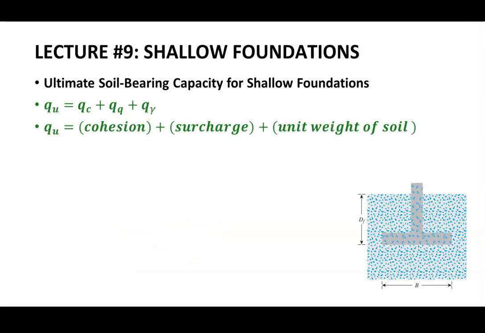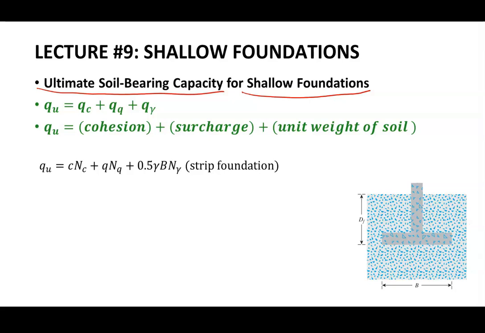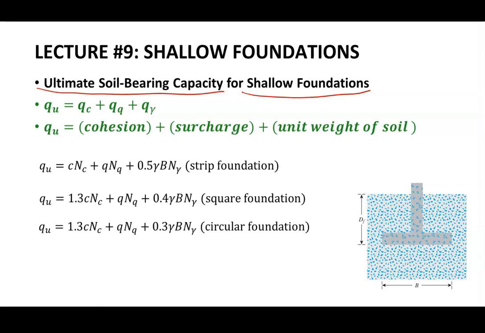Then we went over examples of calculating the ultimate bearing capacity for shallow foundation using Terzaghi's formula, where the ultimate bearing capacity is coming from the strength because of the cohesion between the particles, surcharge, and weight of soil. So these are the 3 main formulas.